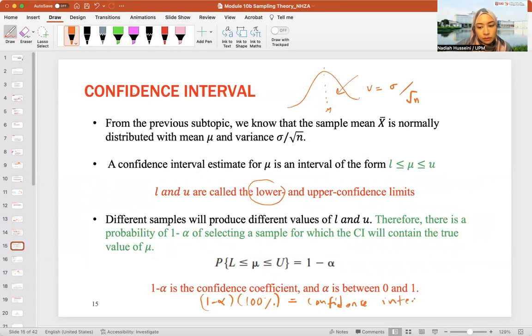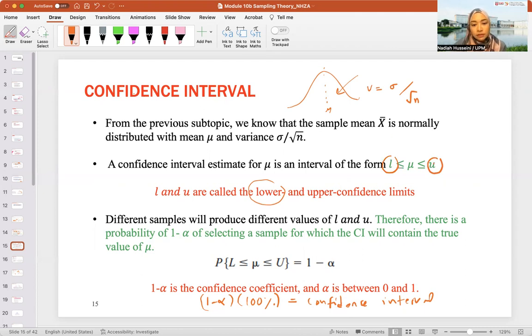So alpha is going to be very important for this subtopic. Okay, let me repeat myself here. We have our mu as our unknown, and we want to specify our confidence interval. Let's say it can be any number, but I'm going to specify here it is 95%. So for 95%, I have to specify a value for my U and also for my L, or a range.